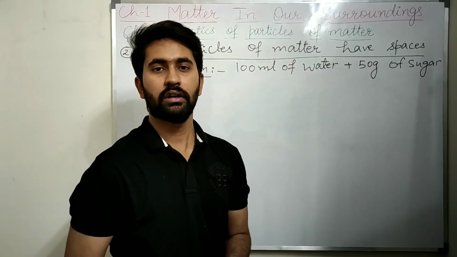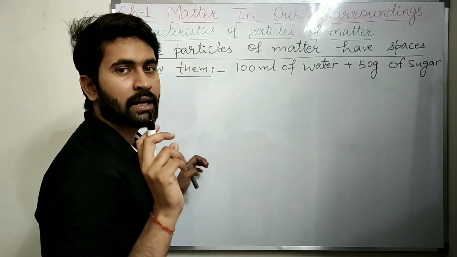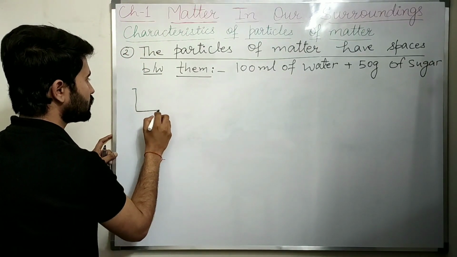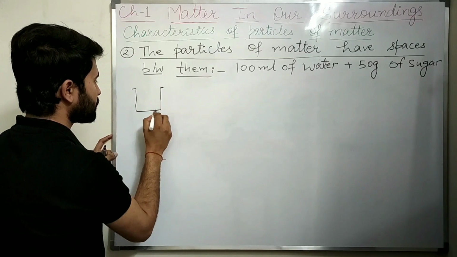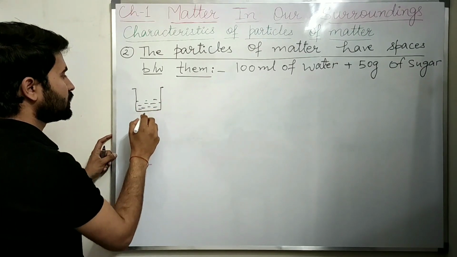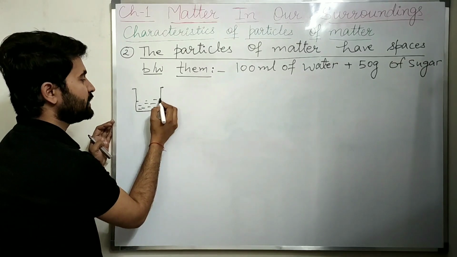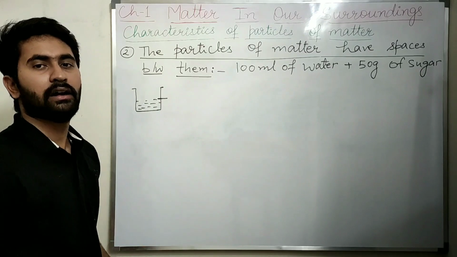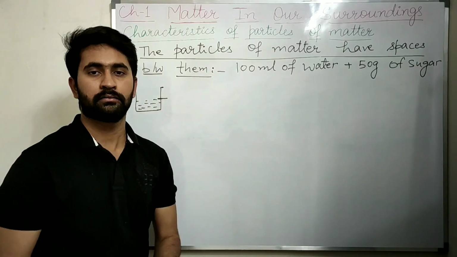What we will do is mark the initial level of water in the beaker. Suppose this is the initial level of water in the beaker. We will mark it here using a marker.